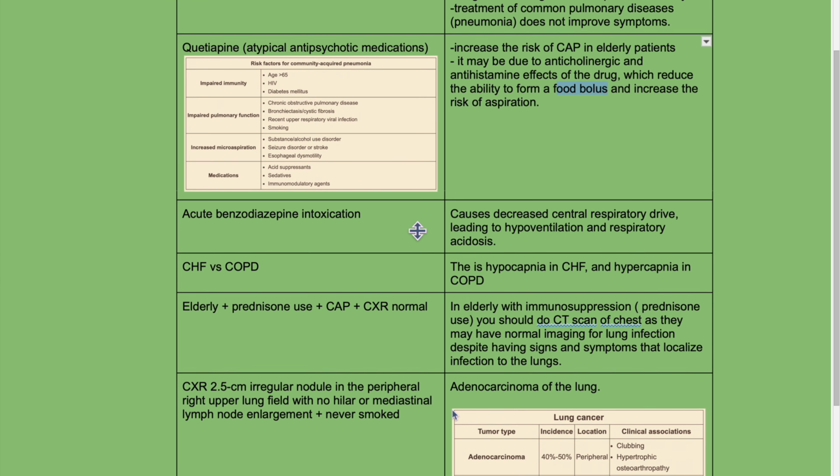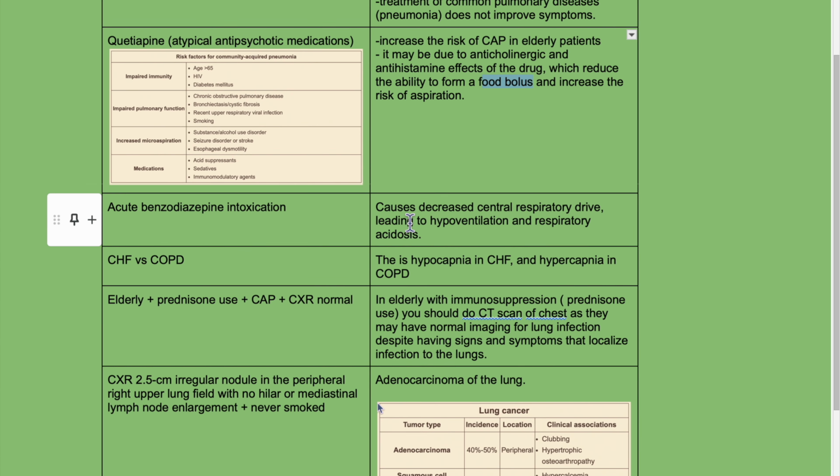Acute benzodiazepine intoxication causes decreased central respiratory drive, leading to hypoventilation and respiratory acidosis.